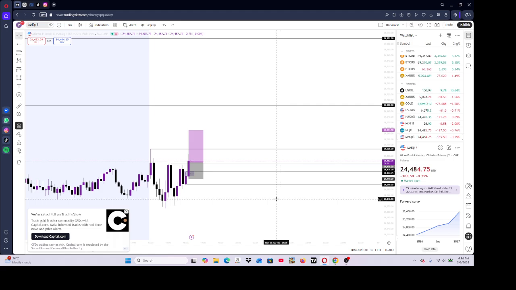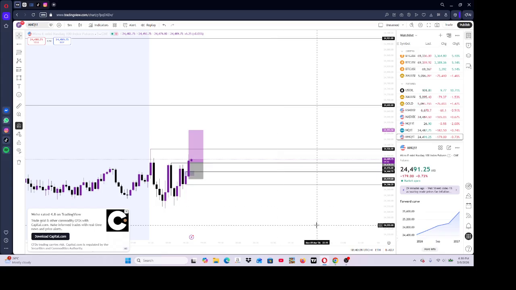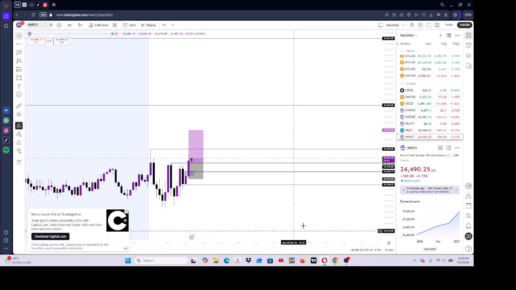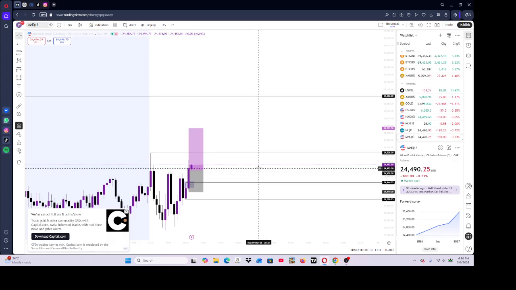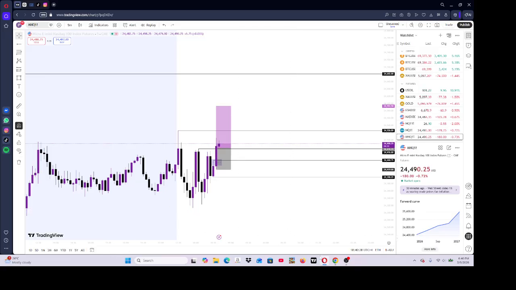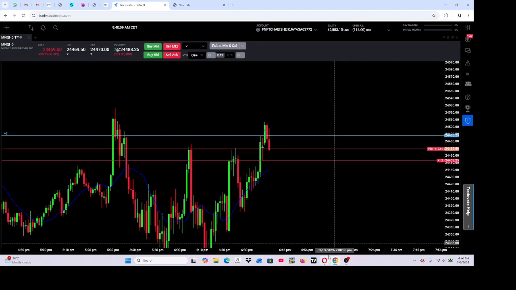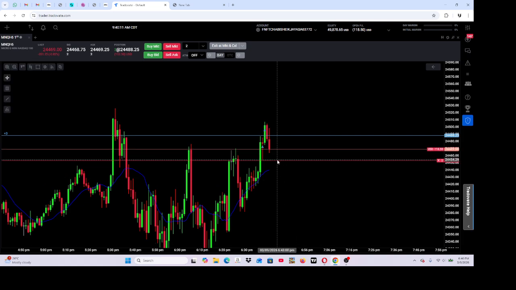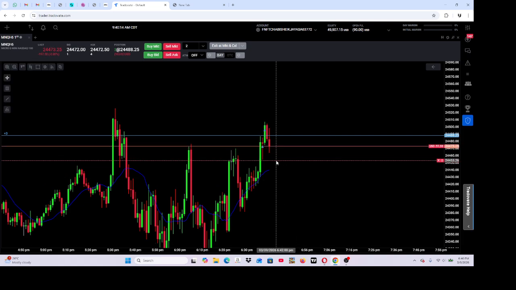Huge potential for it to go higher. Let's see what the market wants to give us. Negative 100?